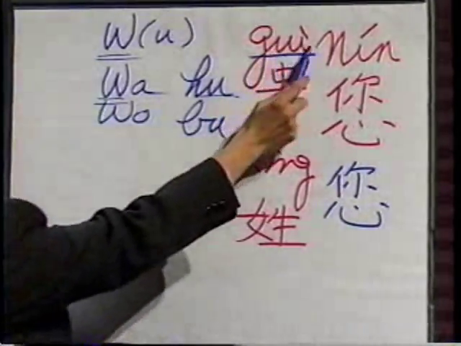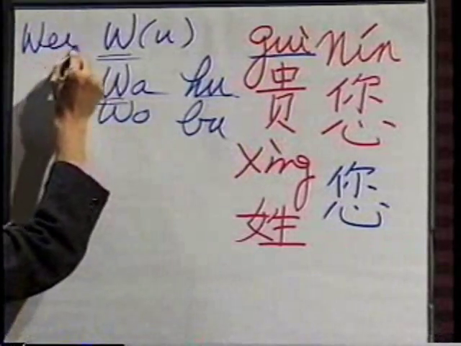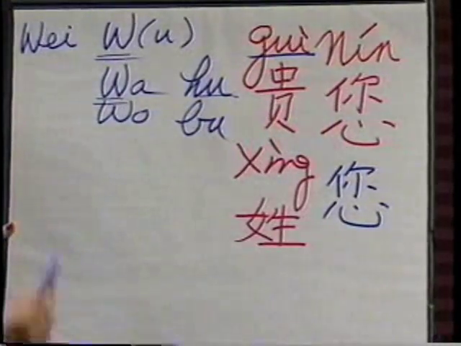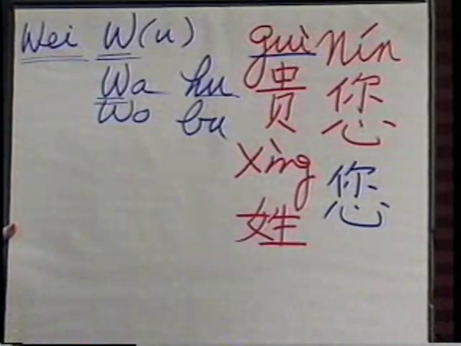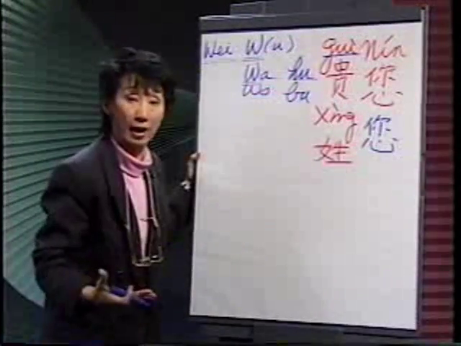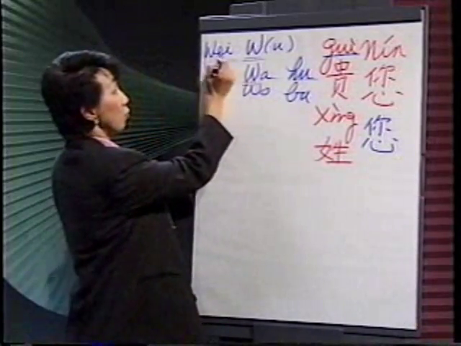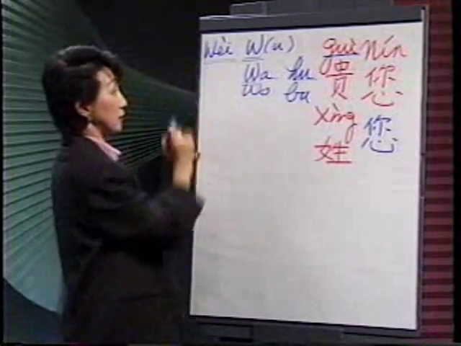And when we talk about wei, itself is a sound. If we use it independently, for example, Chinese always say why, 为什么? 为什么 means why. So 为, wei itself is an independent sound, so you have to write like this.